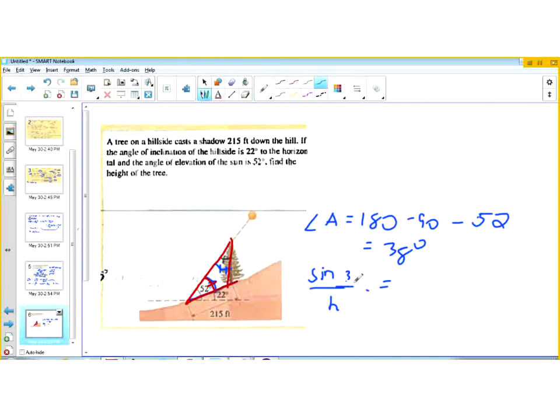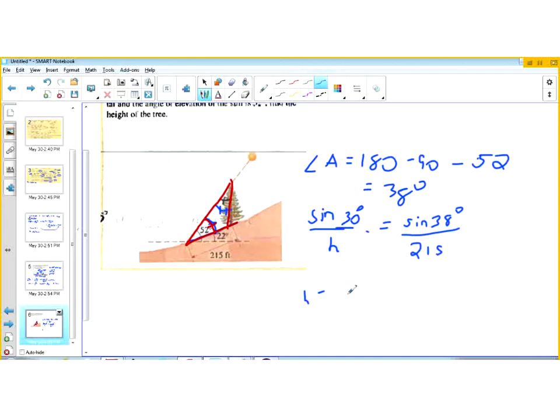So the sine of 30 degrees over h is equal to the sine of 38 degrees over 215. Okay.